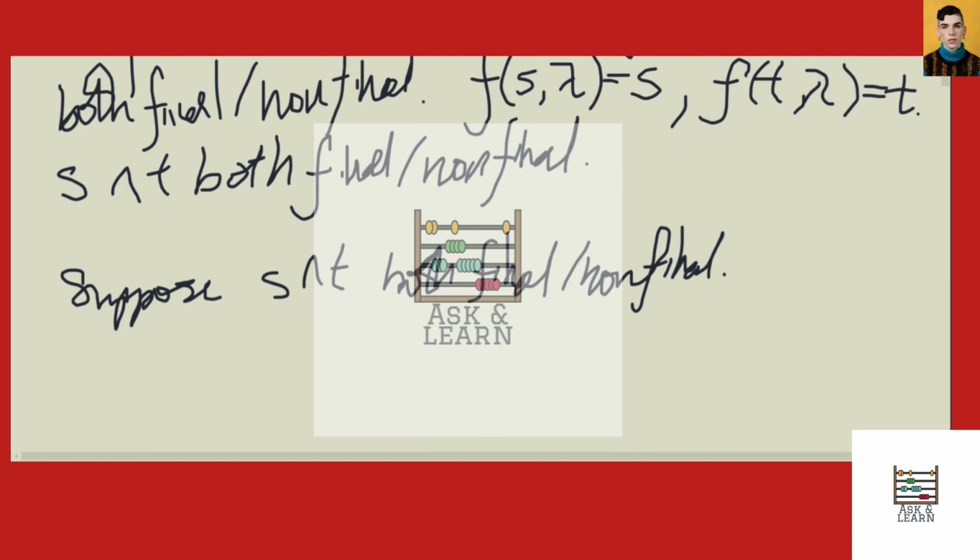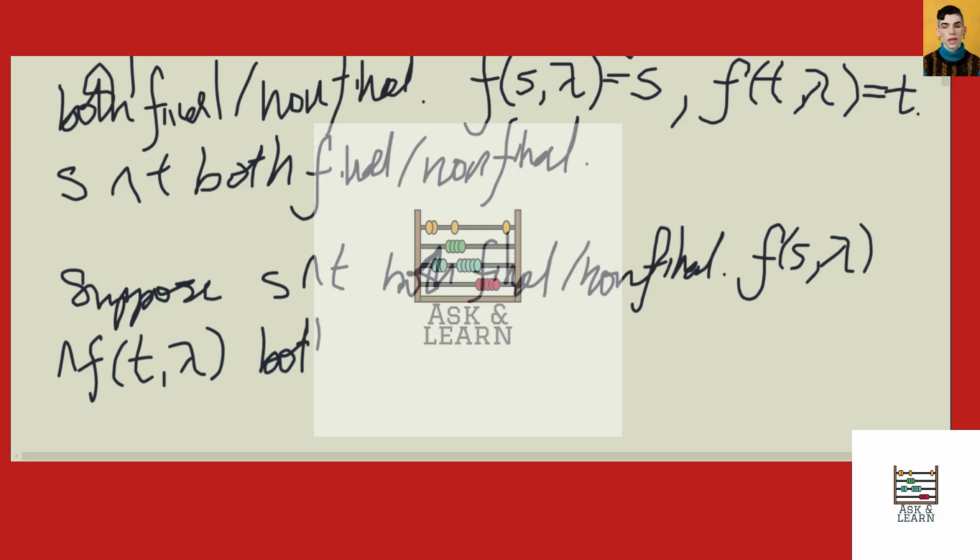This implies that f of s lambda and f of t lambda are both final or are both non-final states, since lambda is the empty string, and this is true by definition.